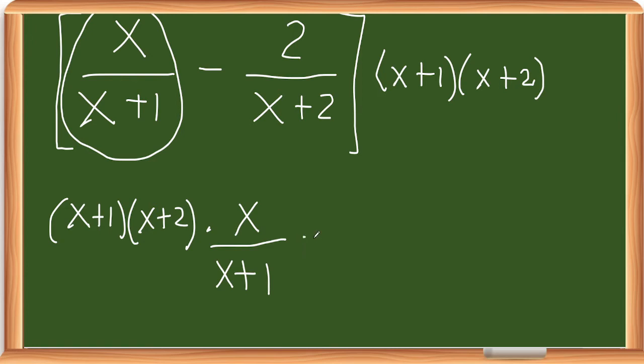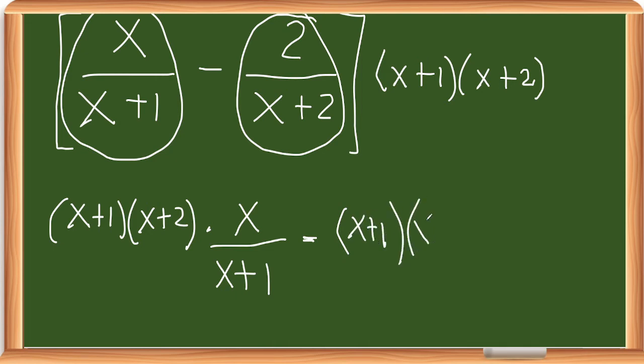And then minus, dito naman natin i-multiply sa pangalawang term ng binomial. So, multiply ulit natin yung x plus 1 times x plus 2 and then times 2 over x plus 2.